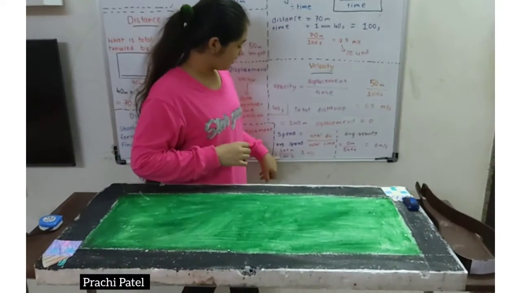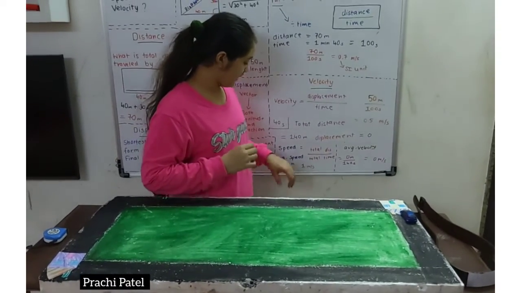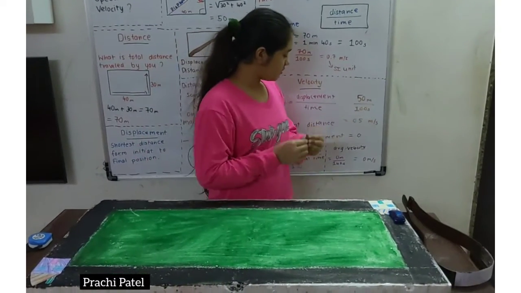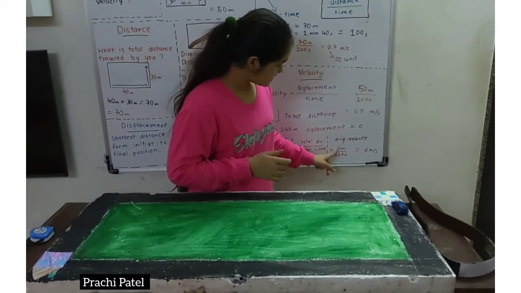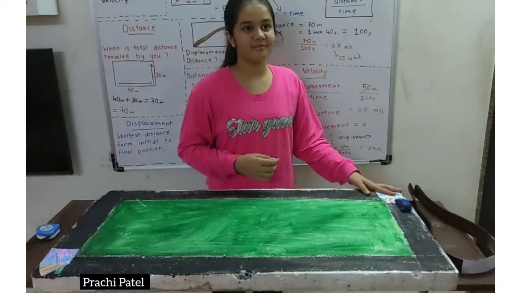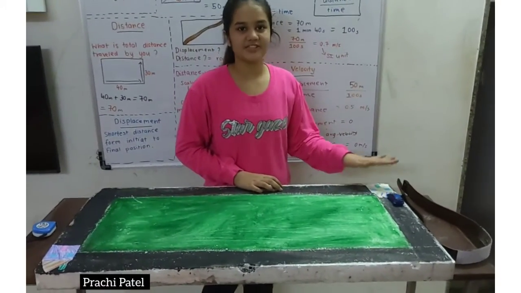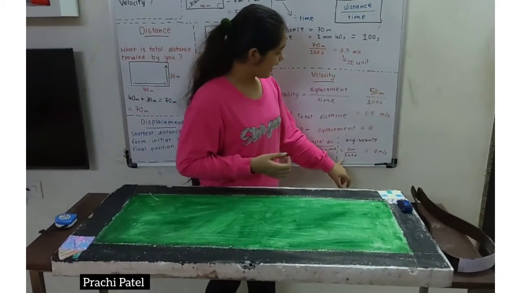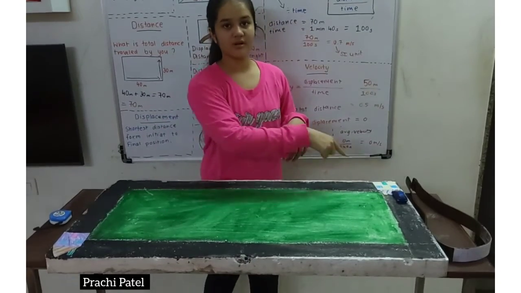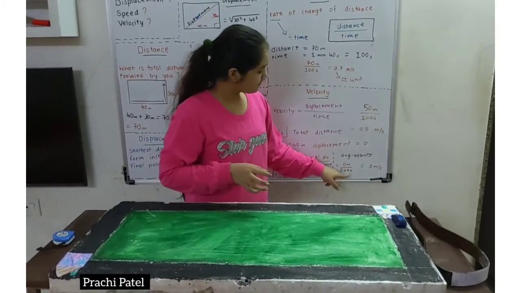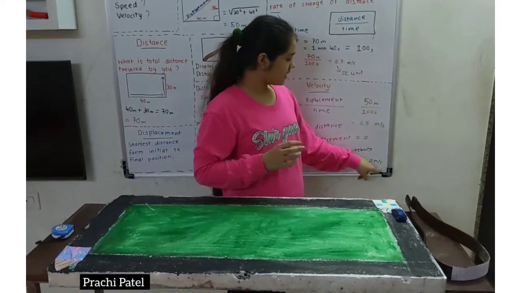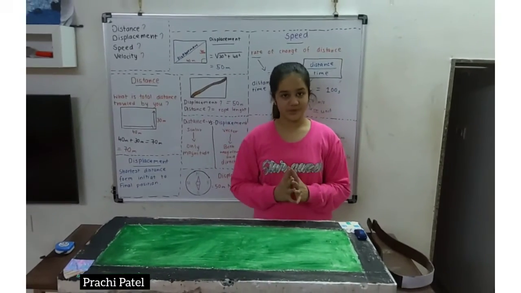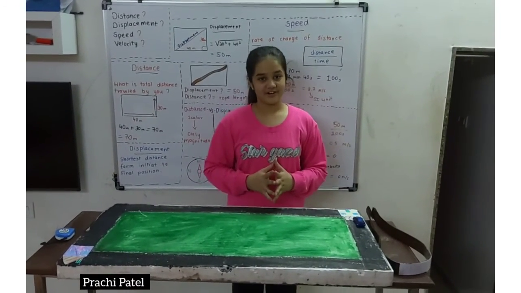So 140 meters in 140 seconds is 1 meter per second. And we need to find the average velocity, which is 0 meters per second. How? Because the initial position and final position are the same in this case, so our displacement will be 0, divided by the 140 seconds I took to come back to my friend's house. So this is how the whole process works, and I hope you like my video. Thank you.